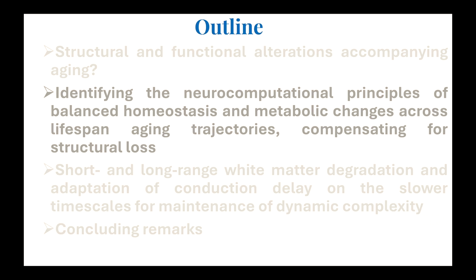Now, we take a physicist's approach because my background is physics. We take a physicist's approach to ask: if all these things are happening, can we find the neurocomputational principles that give you a balance between excitatory neurons and inhibitory neurons? The balance between these, EI, can give you some understanding of the brain dynamics. Secondly, can we bridge the two scales: the macroscopic scale where we have these observations, and the microscopic scale at which cellular dynamics change?